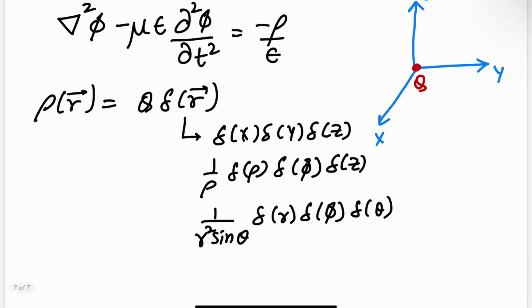But the unit for delta of r vector is 1 over meter cubed, right? Because delta of x is nothing but 1 over meter, and delta y, delta z is 1 over meter. This is 1 over meter, this is 1 over meter, and this is 1 over meter. This is 1 over meter squared, this is 1 over meter. So it's all 1 over meter cubed.